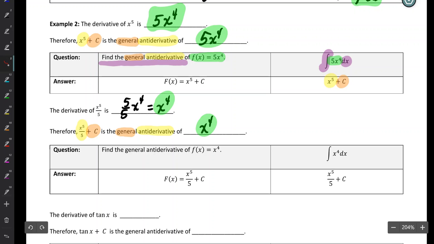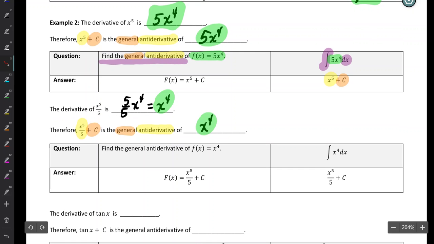Moving in the differentiation direction is definitely more comfortable. I've asked you to undifferentiate up until this point by prompting you this way: find the general antiderivative. Find the family of functions whose derivative is x to the 4th.